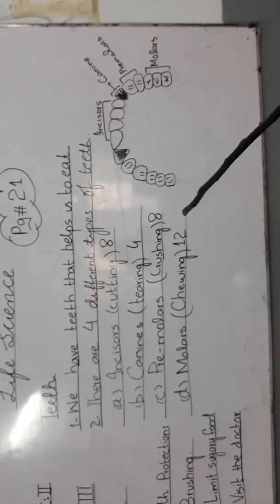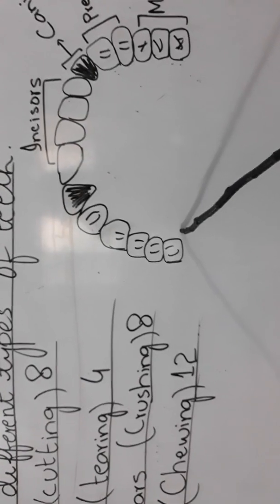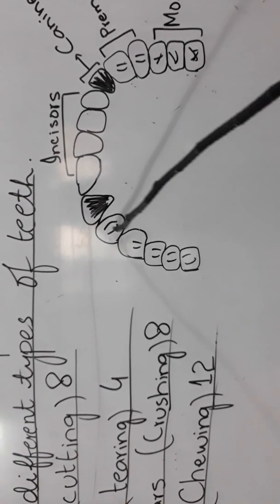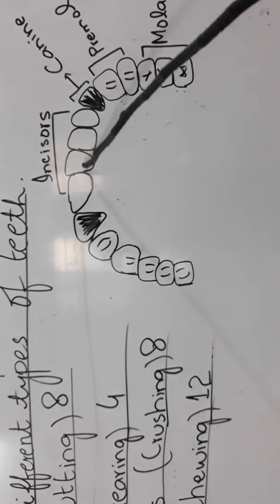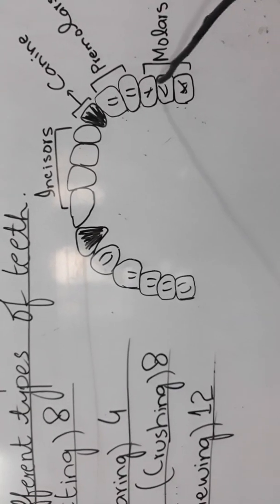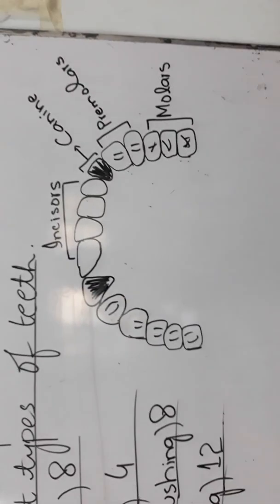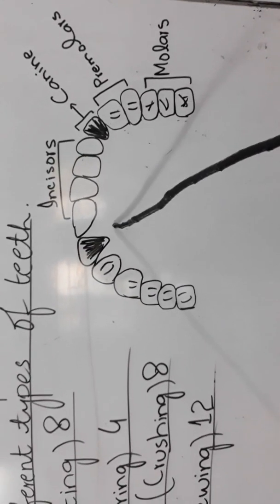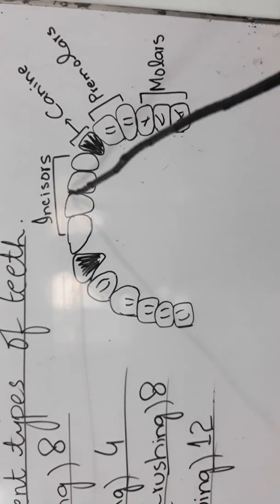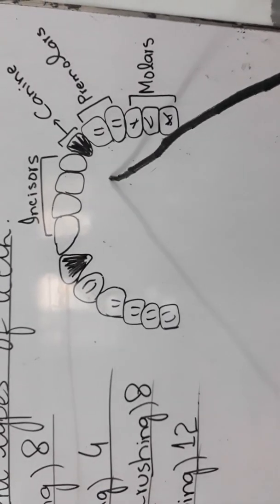Now come to this diagram. How many teeth are present in the mouth? 1, 2, 3, 4, 5, 6, 7, 8, 9, 10, 11, 12, 13, 14, 15, 16. So the first 4 teeth, this is the lower jaw.